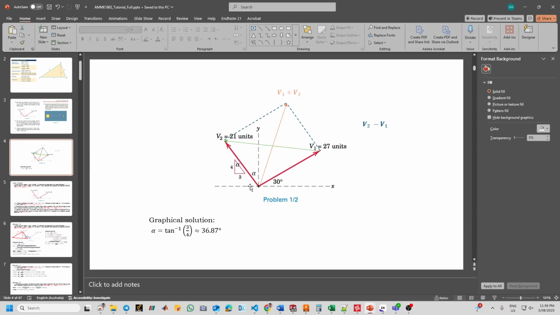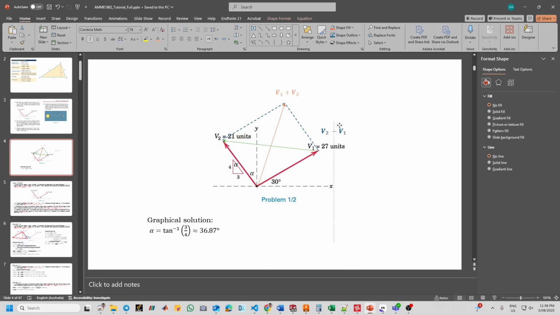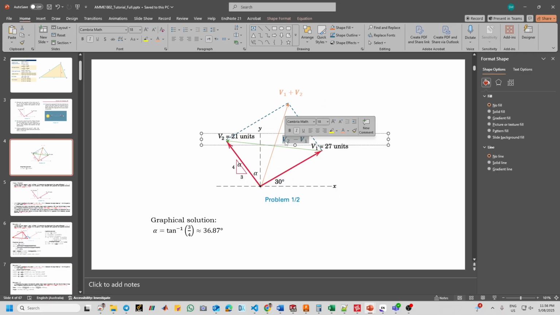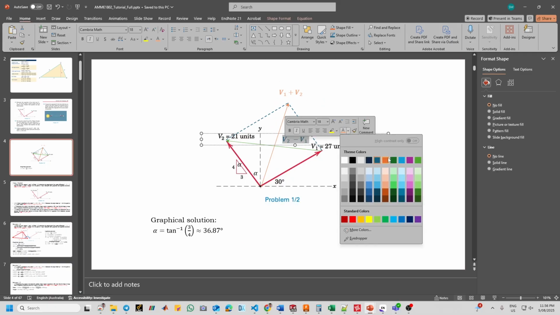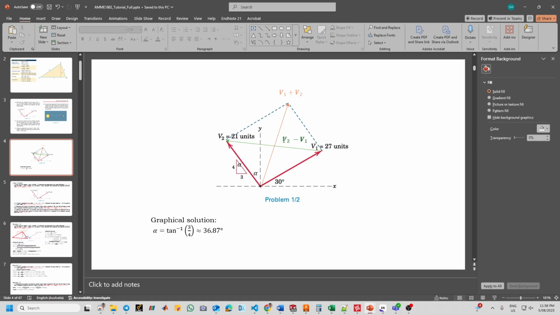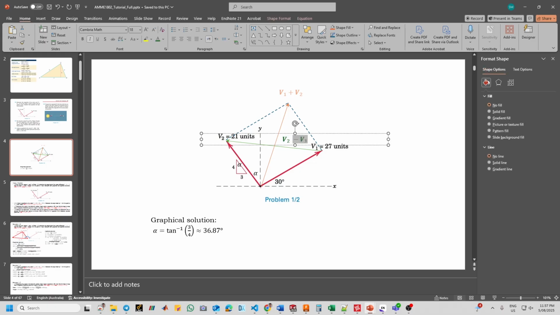So this is v1, this is v2. This is called, let me change the color to green, v2 minus v1. Some people make a mistake and they think that it is going this way. So remember, when we have minus v1, it means that it doesn't like v1.